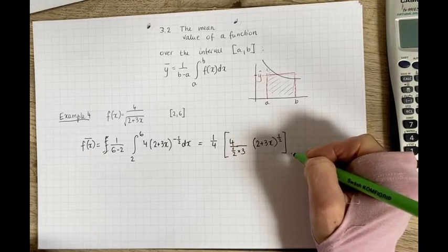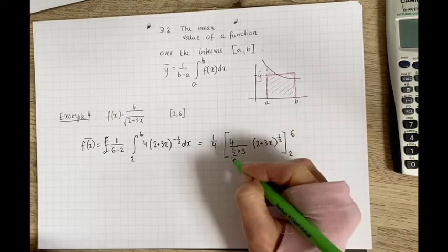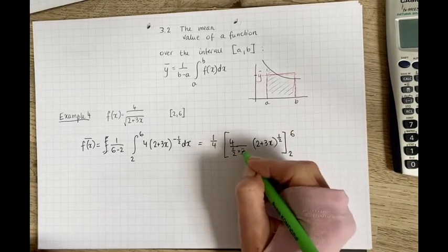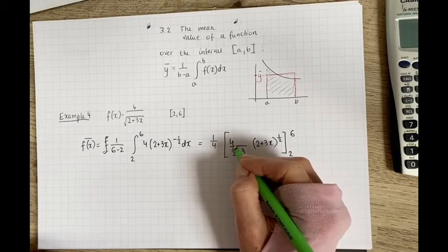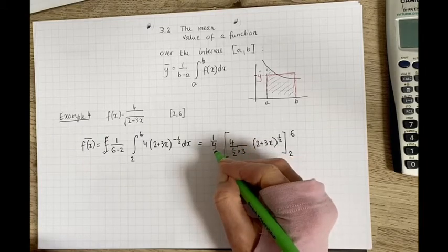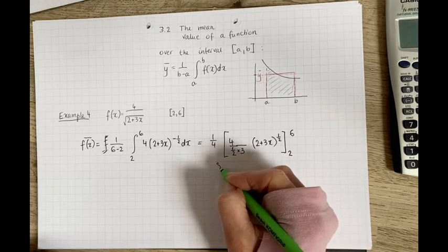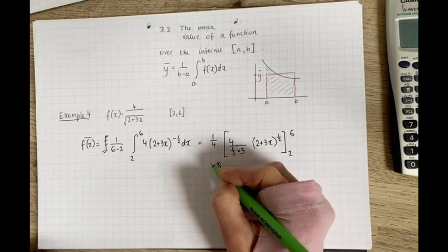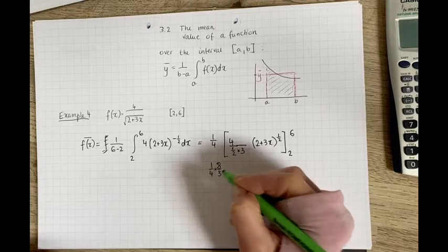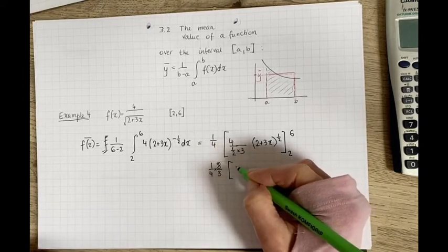The limits are 2 and 6. So tidy this up. You can bring 4 times divided by a half, so 8 over 3. It's going to be 8 over 3 times a quarter. If you want to bring it in front, that's fine.